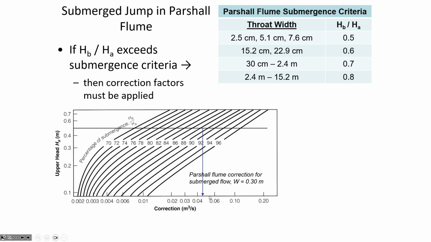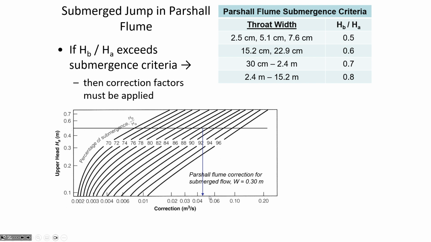And now delta Q is the product of the two. It's 0.044 cubic meters per second multiplied by 1.8. And so the delta Q is 0.0792 cubic meters per second.